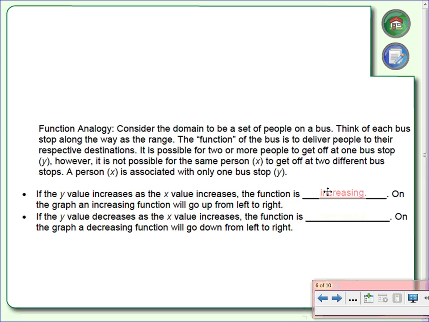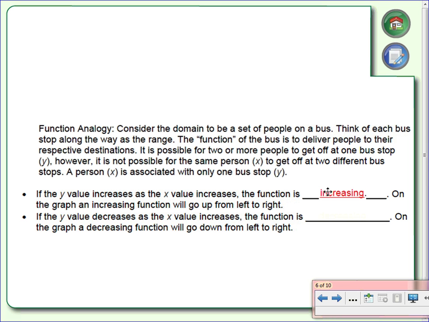Increasing. In other words, as the x values are getting bigger and the y values are also getting bigger, then our graph is increasing. And we saw this the other day in one of the activities that we did. As the x values get bigger and the y values get bigger, we call that an increase.